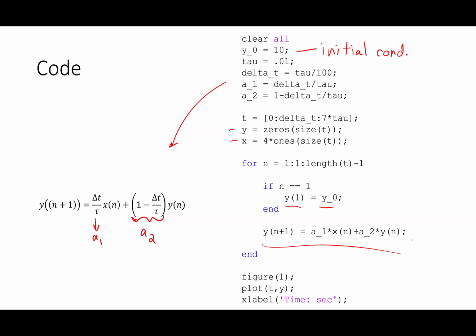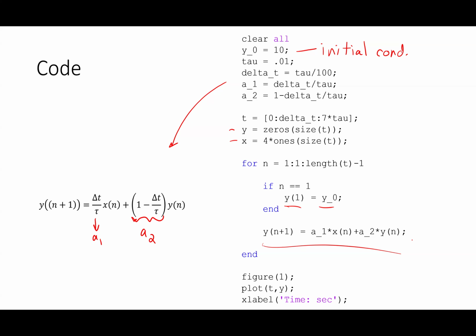And I basically loop through this. Why do I stop at length of t minus 1? Well, because here I'm always solving for the next value. So when I get to length minus 1, I'm solving for the value at the very last spot. Some of you are going to screw that up and go from 1 to length.